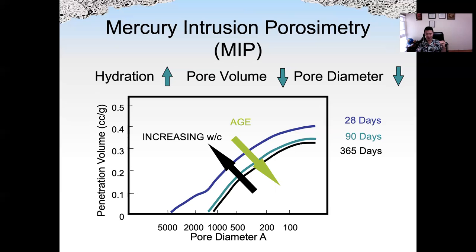So the higher the pressure, the mercury can be put into smaller pores. Based on the correlation of the pore size and how much mercury can be pushed into the sample, we can have something like this. This is the pore size of the sample, and this is the penetration volume of the mercury. So we can use MIP to get the pore size distribution, the porosity, the surface area, and other information of the sample.